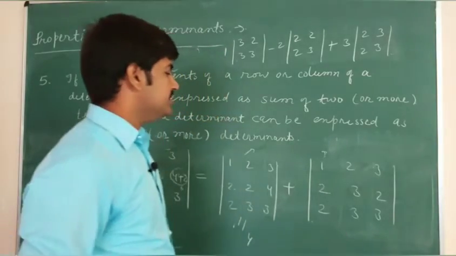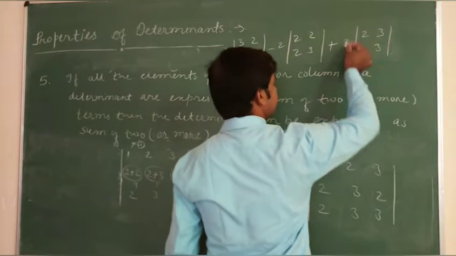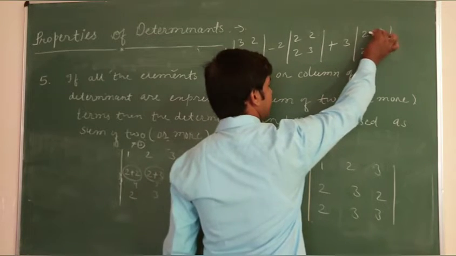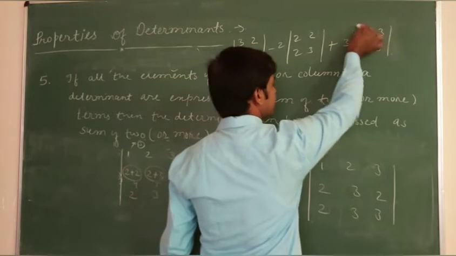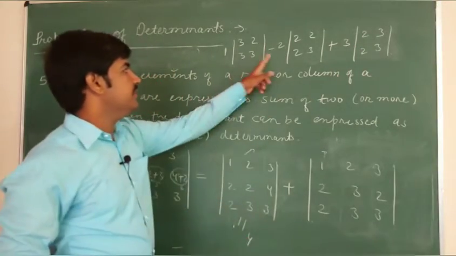Now what do we notice? The value of this determinant is equal to 0, as R1 and R2 are identical. Therefore 3 times 0 will be equal to 0 only.